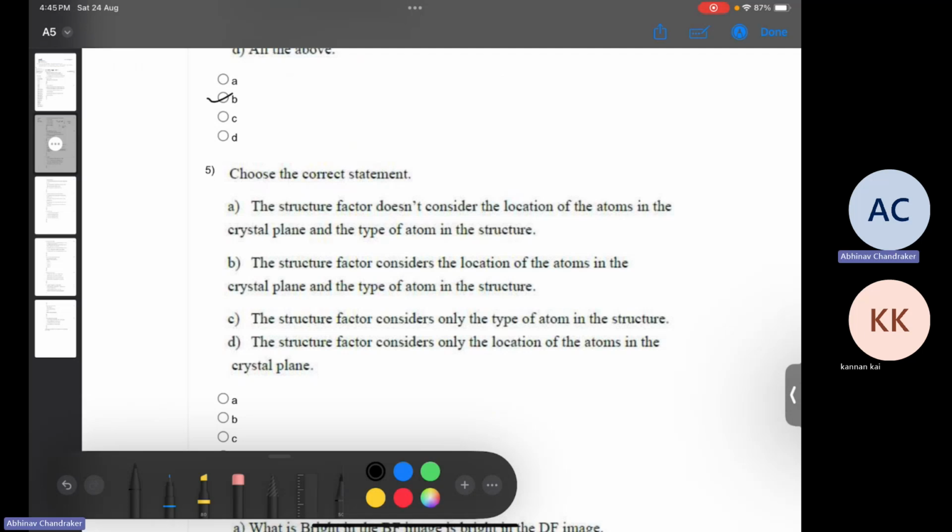This is about the structure factor. The correct answer is B. It considers both the location of the atom as well as the type of atom.